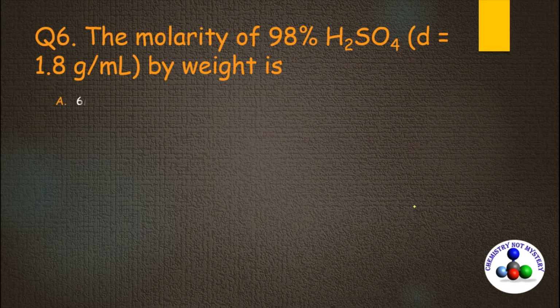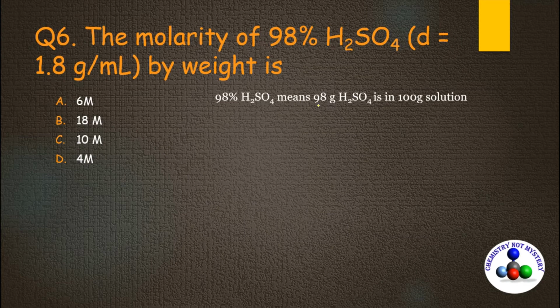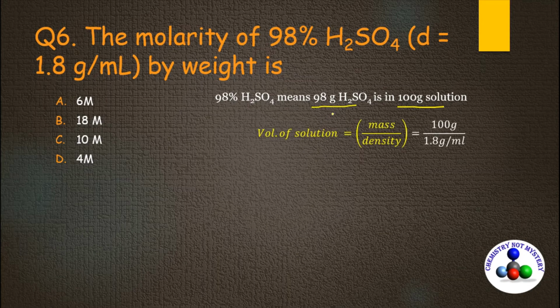The molarity of 98% H2SO4 by weight is? I hope you can solve this question by yourself. We have solved this type of question before. 98% H2SO4 means 98 grams H2SO4 in 100 gram of solution. So you can calculate the number of moles in 98 grams of H2SO4.